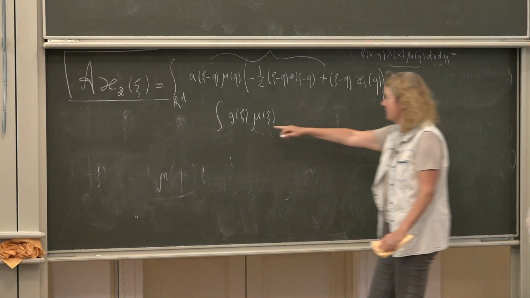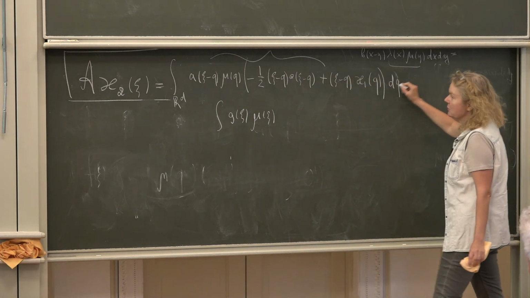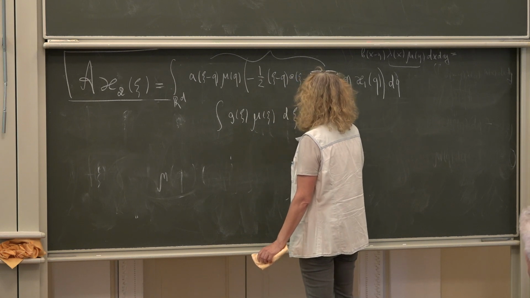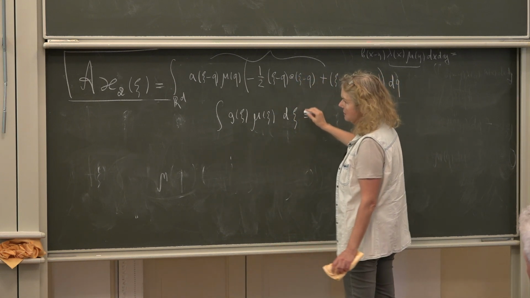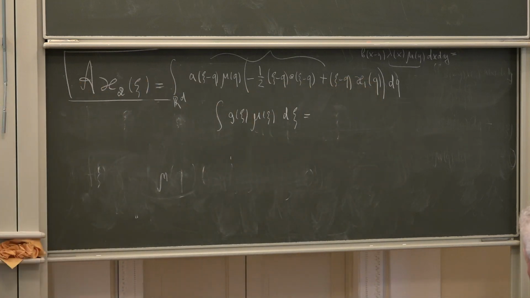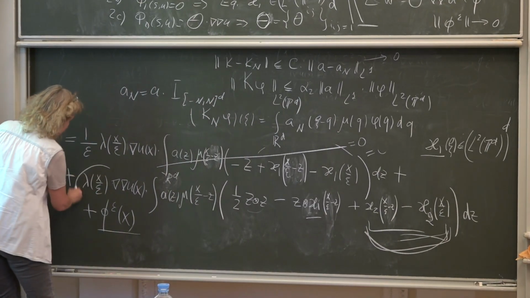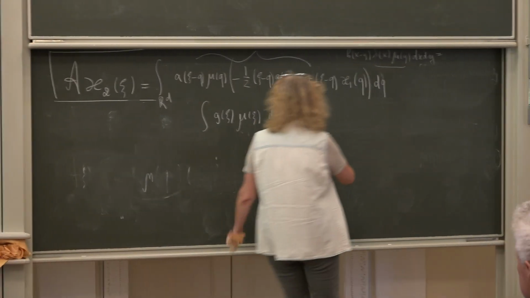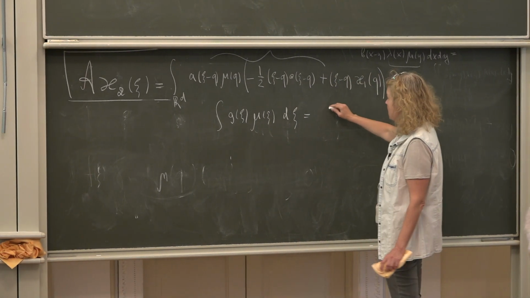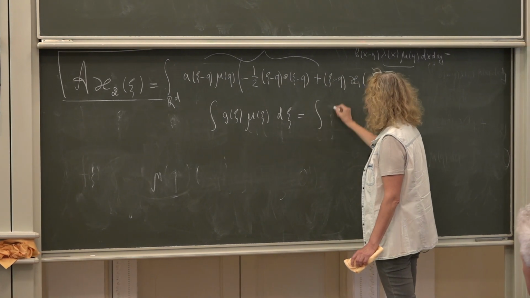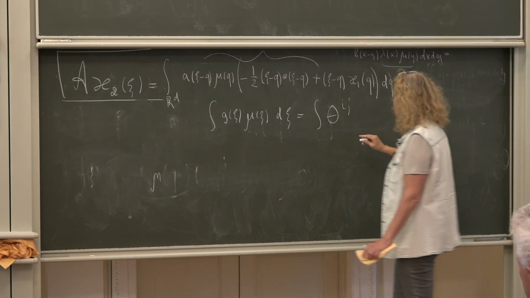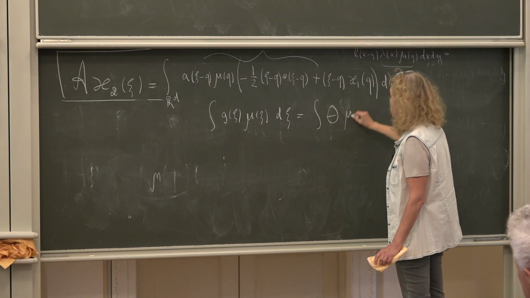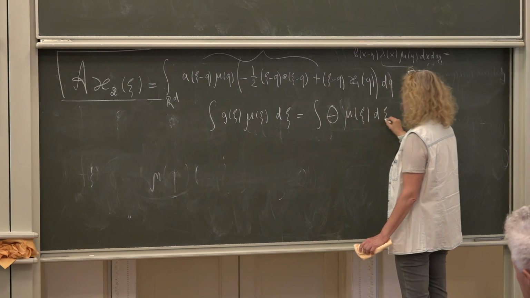This integral should be 0, but we'd like to obtain that it is equal to some constant theta times the integral of mu psi d psi. Sorry, there is also lambda here, of course. But without lambda, let us assume that it is just the integral of the function.